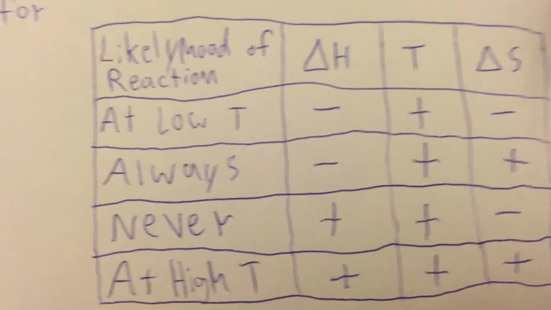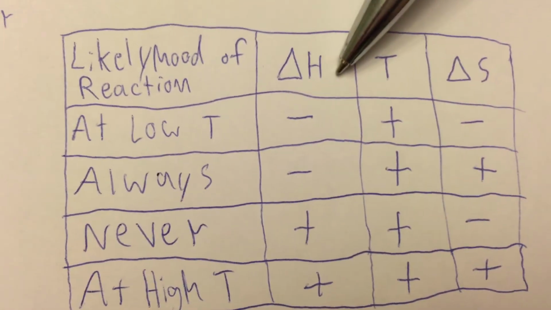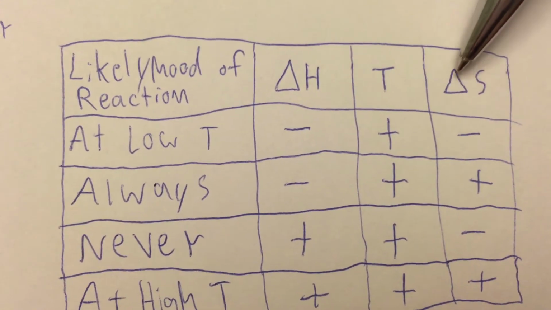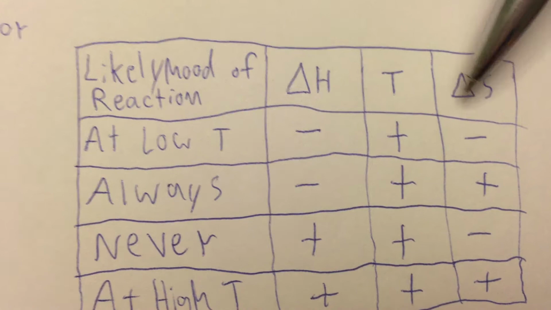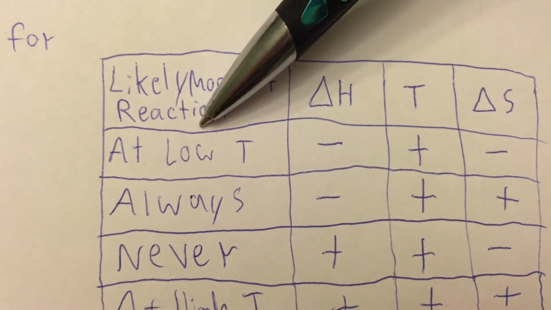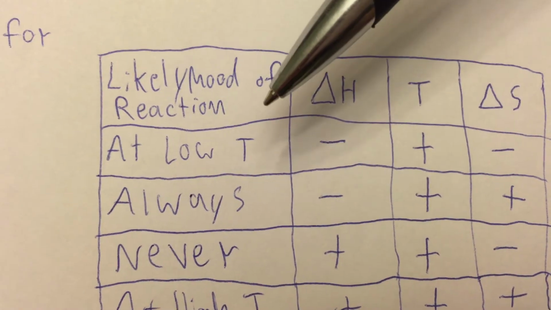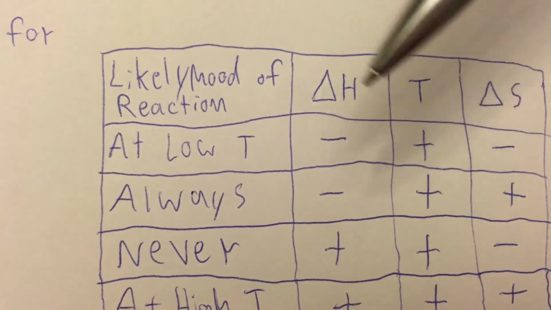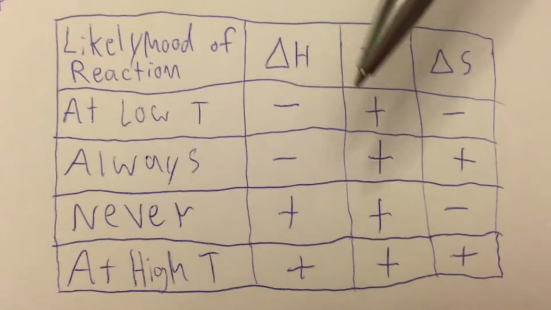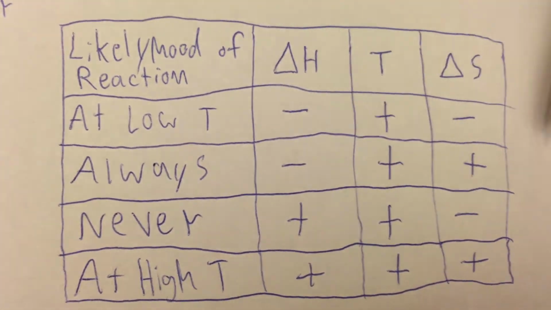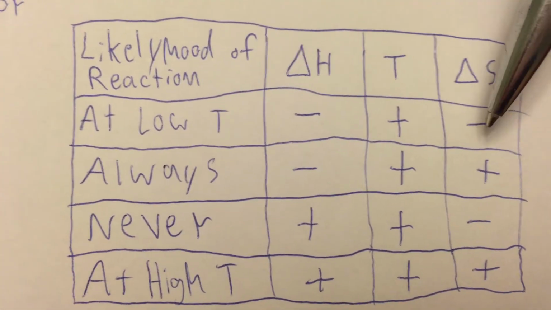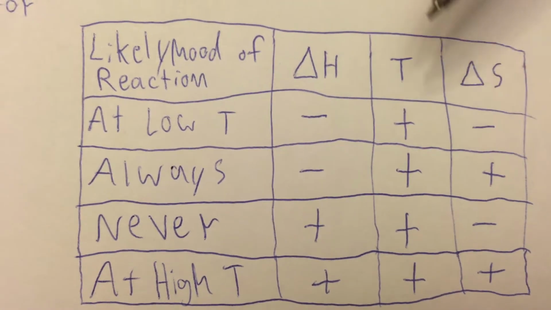If the heat of formation is low and the entropy is low, then most likely the chemical reaction is going to happen at low temperatures more often. And if the heat of formation is low but the entropy is high, then this reaction is almost always going to happen.